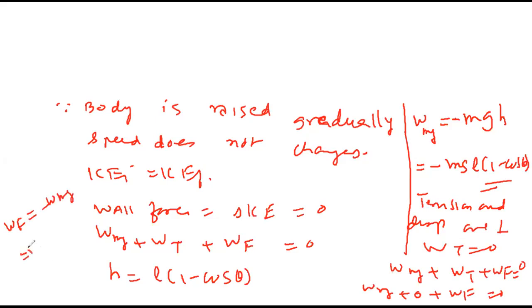Therefore, it is equals to mg L into 1 minus cos theta, which is minus minus plus. So this is right approach. Total force 3, but answer same came because tension was perpendicular and the other two will be opposite to each other. So actually this is the method to solve if they give 3 force.